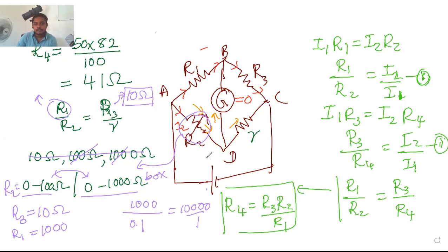Therefore, the galvanometer reading is 0. No potential difference, so no current. Answer for the D part: the galvanometer reading is 0.